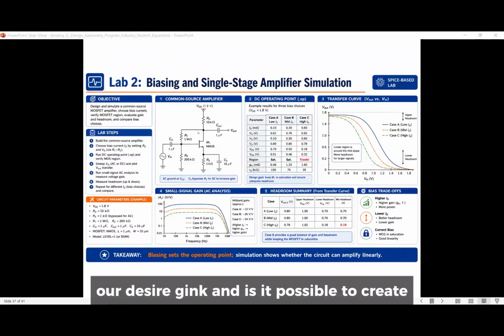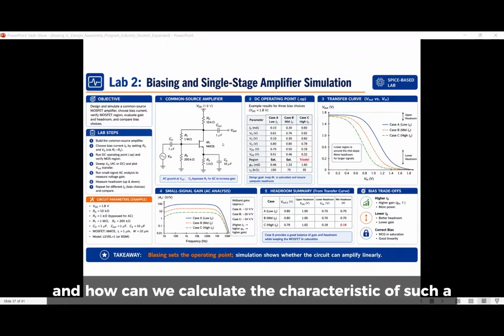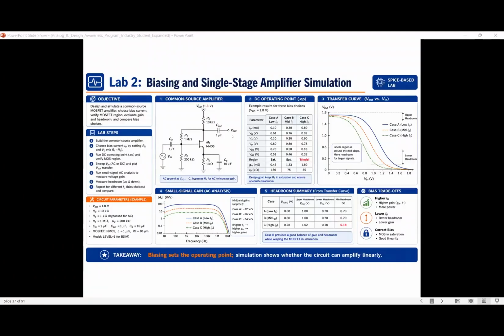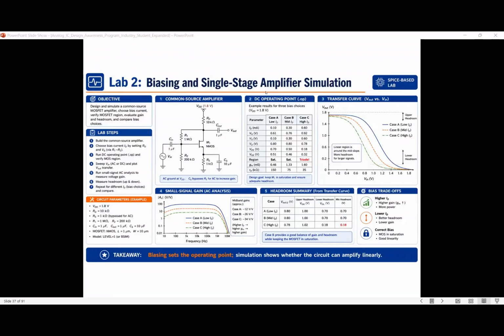Is it possible to create a feedback here to stabilize the amplifier? What's the usage of the feedback, and how can we calculate the characteristics of such a single stage amplifier if we have a feedback here?